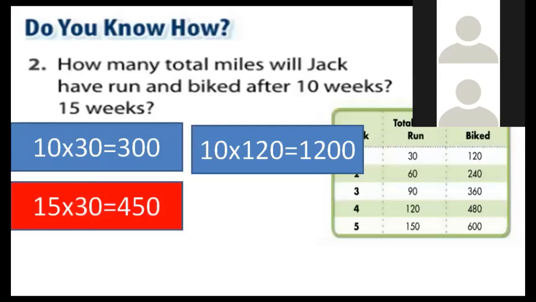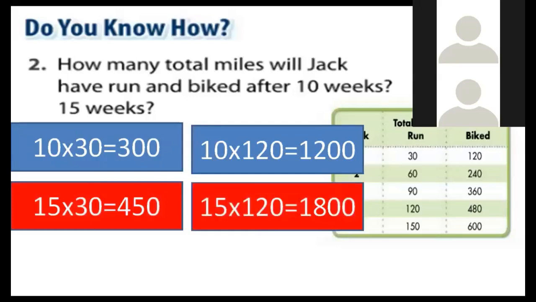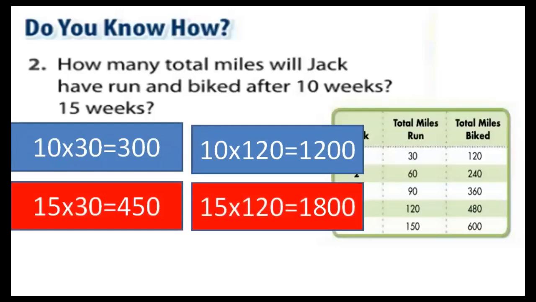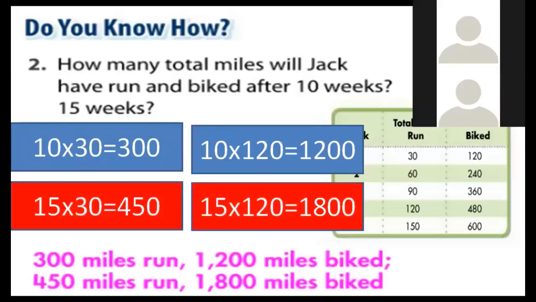And 15 by 120 equals 1,800. So after 10 weeks, he will run 300 miles and bike 1,200. Also, after 15 weeks, he will run 450 miles and bike 1,800. Okay, my dear, copy your answer and be ready for the next one.